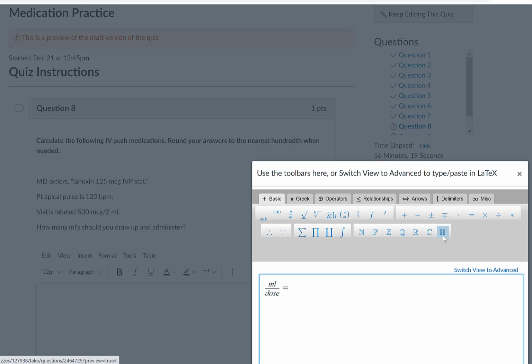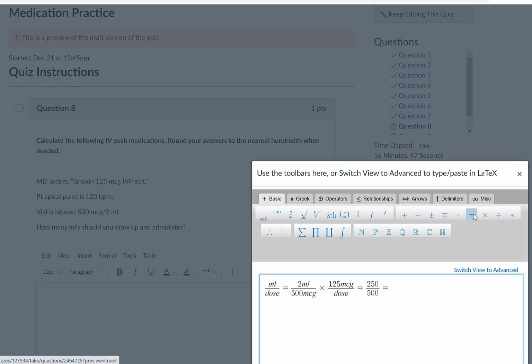And what do I know about mLs? I know in 2 mLs, there is 500 micrograms. And I want to get rid of my micrograms, and I know 125 micrograms is my dose. So when I do this, on the top, 125 times 2 comes out to 250, and it's 500 on the bottom.